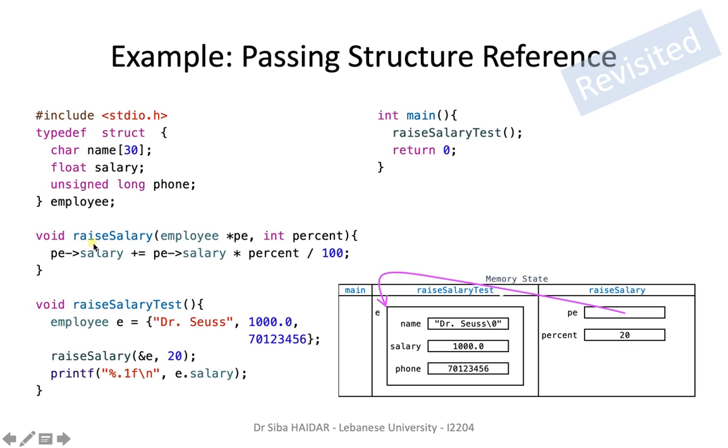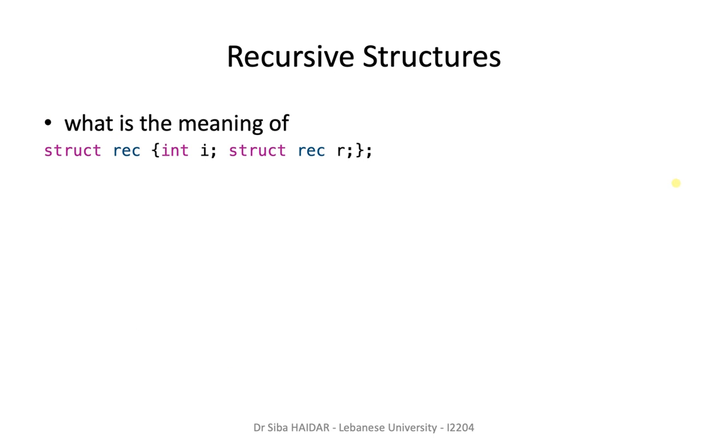So here, void raise salary will take an employee star pe and it will apply the changes on the pe using the arrow syntax. So this time, if you print the salary from the test, you will notice that it has really changed.